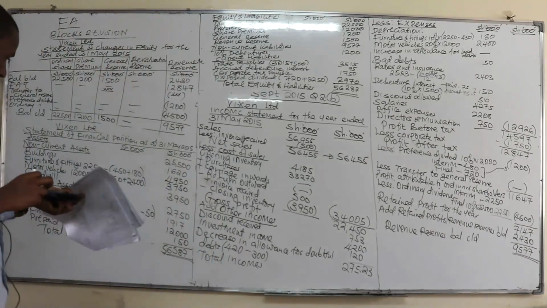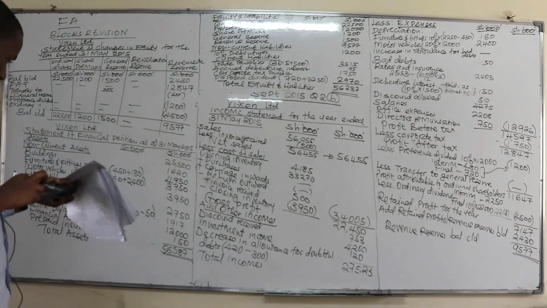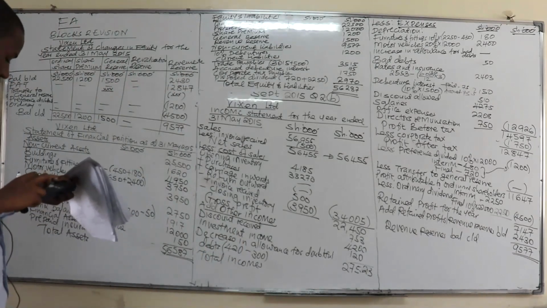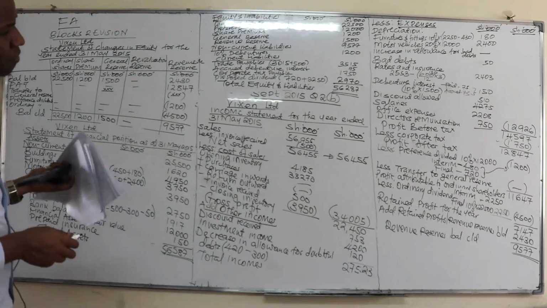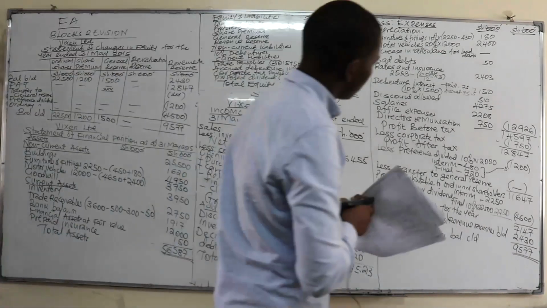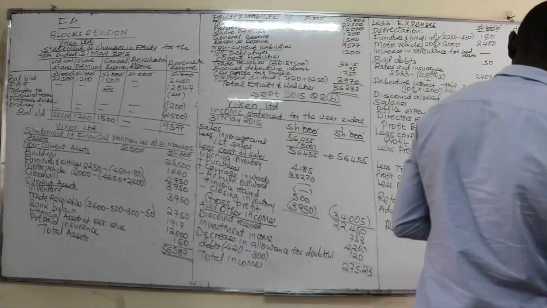The total is 56,287 against 56,587. There is a difference of 300.